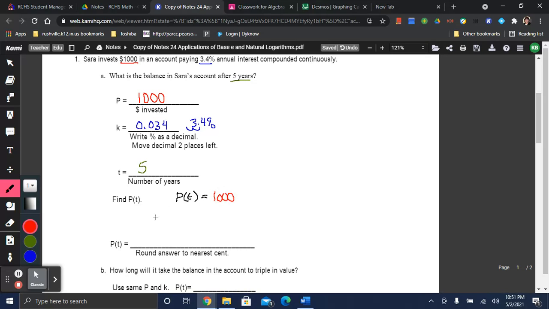And then remember that e is a number. And then k, which is the 0.034, and that is multiplied by 5. Now, more than likely, as you put this into Desmos, you're going to want to put parentheses around that exponent. But we can go to Desmos and type that in.